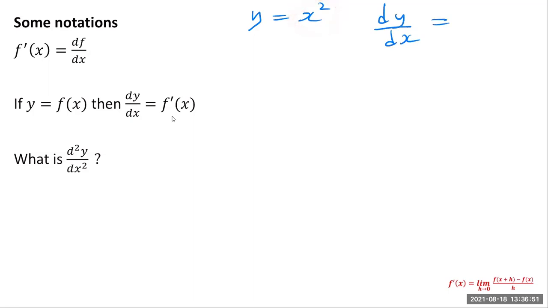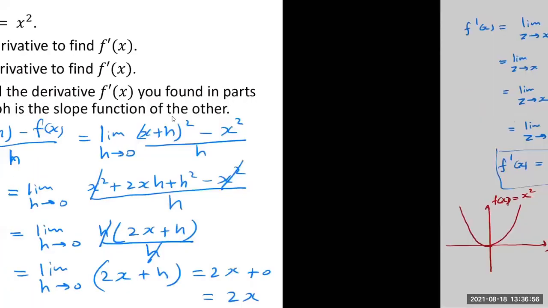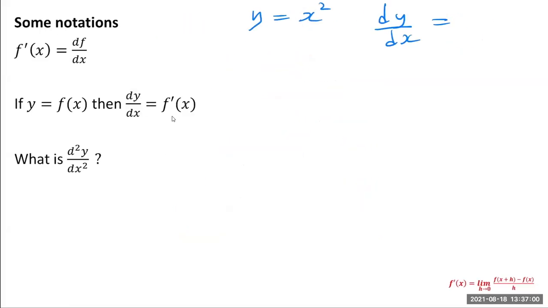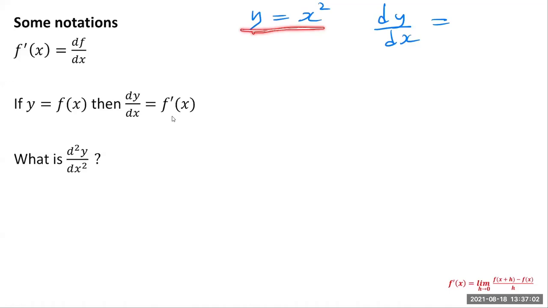Of course, in the previous case, it was given as f of x is equal to x squared. What I'm saying is, if it was given as y is equal to x squared, we denote the derivative of this function by dy over dx, which is of course 2x. You found it in the previous example. Those are some notations that you need to get familiar with.